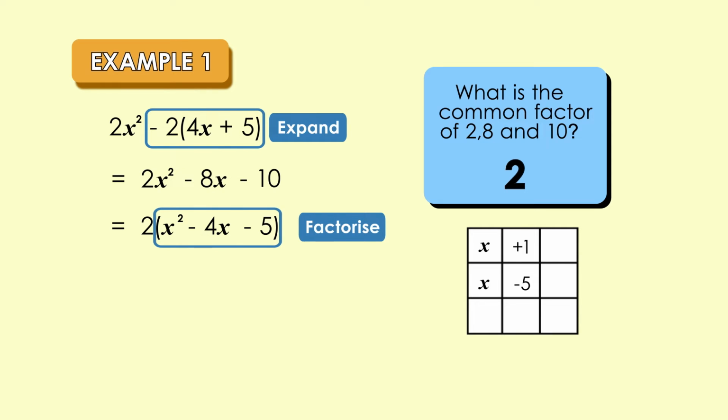Therefore, we put a negative sign in front of 5 because the sum of 1 and negative 5 equals negative 4. By referring to the table, the factorization is the product of (x + 1) and (x − 5). Hence, the answer is 2(x + 1)(x − 5).